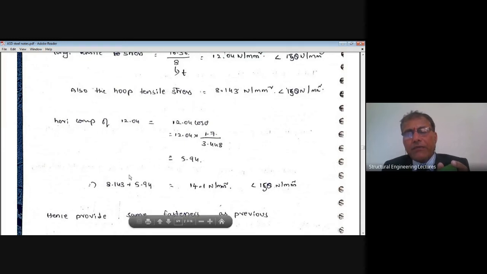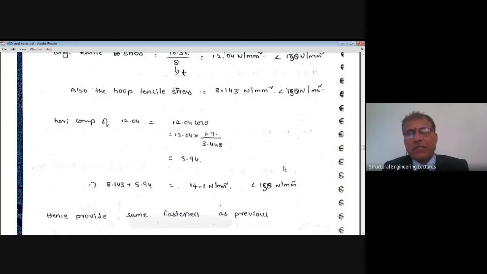Then also, we do have a horizontal compressive force of 12.04 at the top of this inclined upper hopper portion. Hence, its vertical component, if I take that, now works out to 5.94. Even if I add that in the form of tension, the total tension is 14.1 Newton per millimeter.